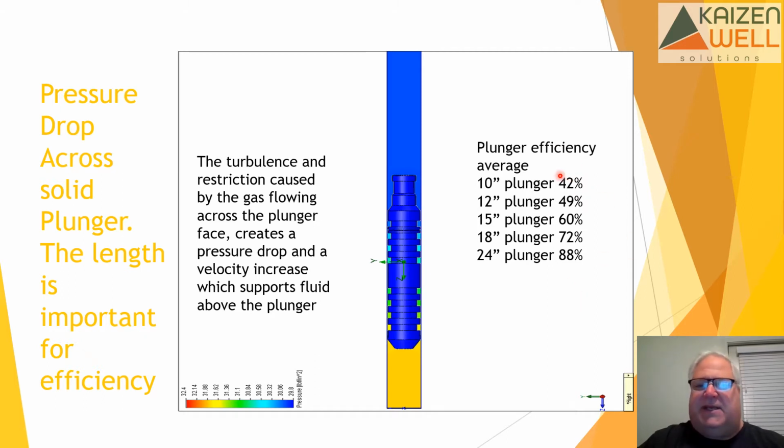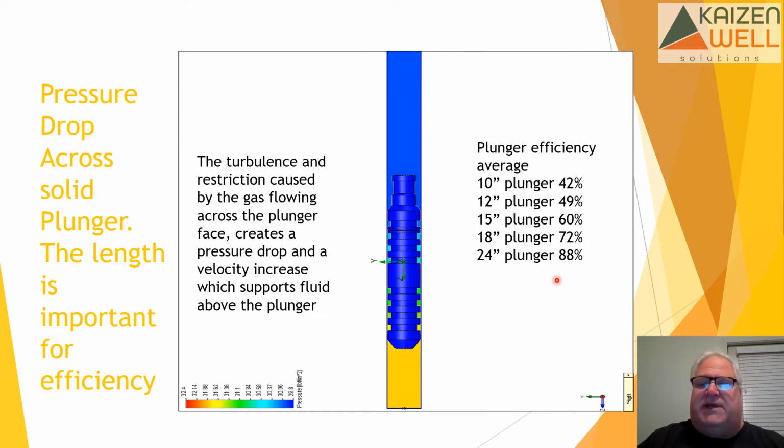It doesn't really mean that a 10-inch plunger is only going to lift 42% of the fluid from the bottom. That's really more an efficiency on the energy that it's using, how much gas it has to flow by, how efficient is the seal, and all that stuff.